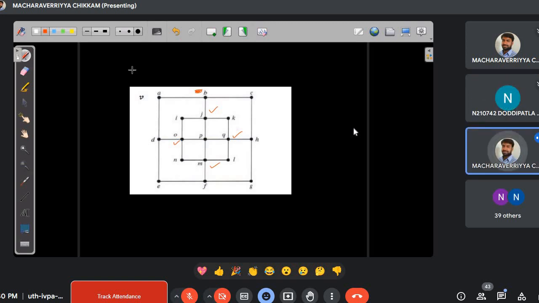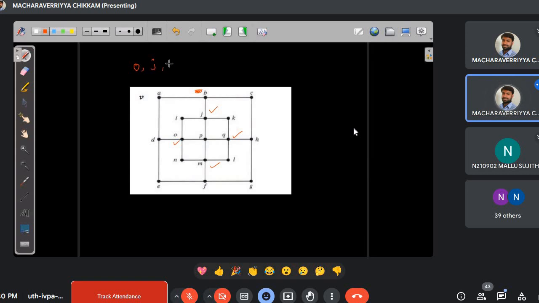So what I'm saying is, you take these vertices, that is O, J, M, Q. At least one of these vertices needs to be visited more than once.